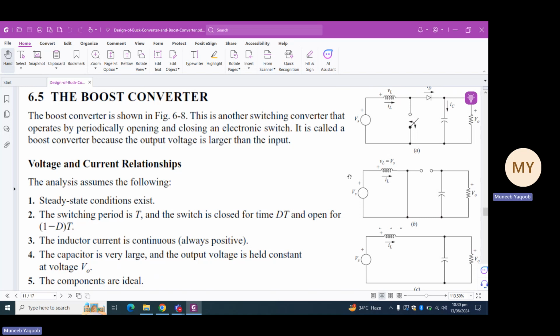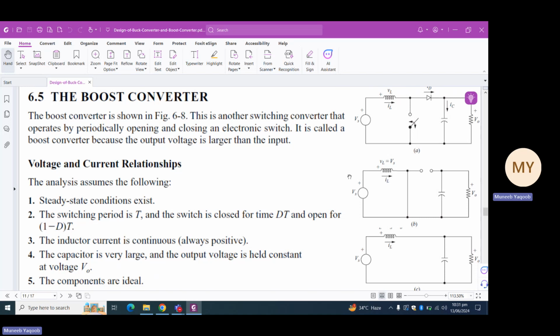Similarly, in electrical engineering, if we change the order of our components, if we change the switching pattern, we can often achieve things that are beyond the imagination of a layman or a common man. So here, when we change these things and then close the switch, you will get this figure B.